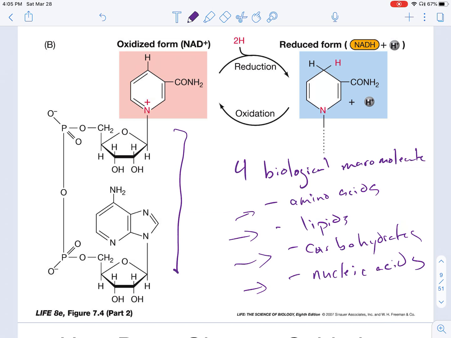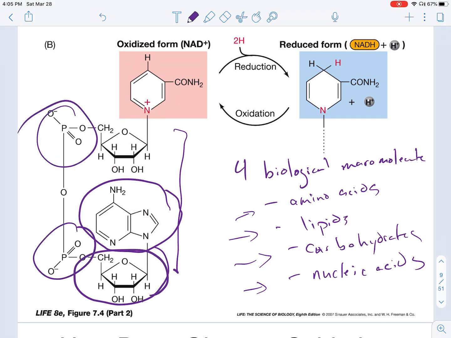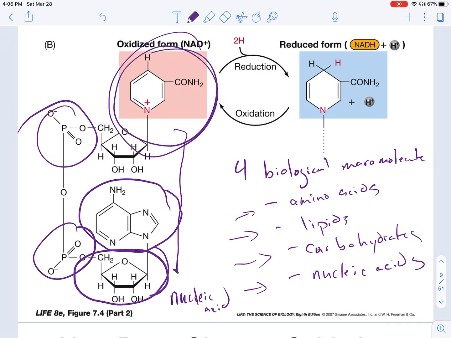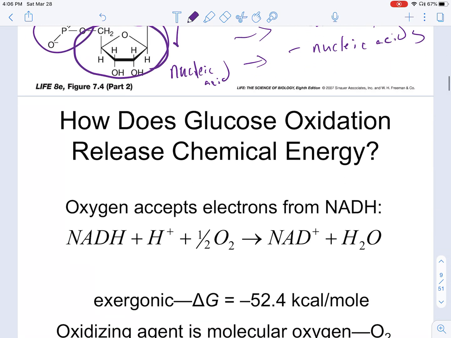So if you look at NAD, you should be able to see a nitrogen containing base, ribose sugar, phosphate groups, right? So this is a modified nucleic acid. Instead of the last phosphate group, it's been replaced with this nicotinamide group, which allows for the pickup and transfer of hydrogens and therefore electrons.